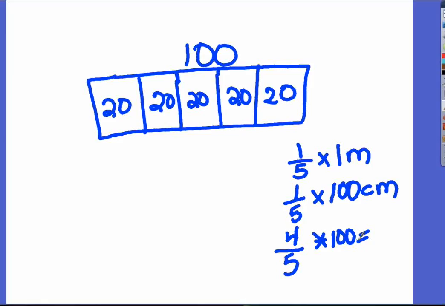What's 4 times 20? Okay. 4 times 20 is 80. So our answer would be 4/5 times 100 equals 80 centimeters.